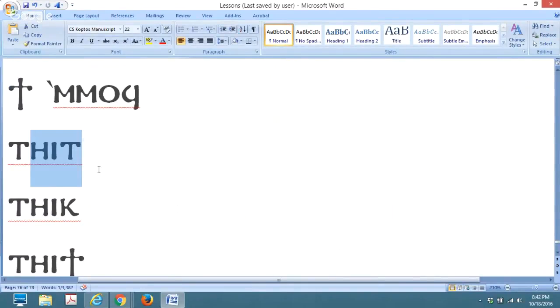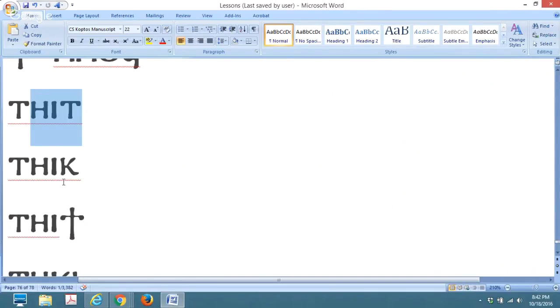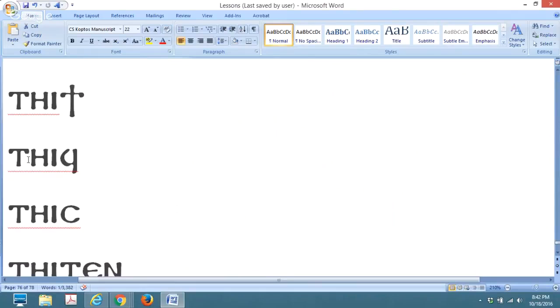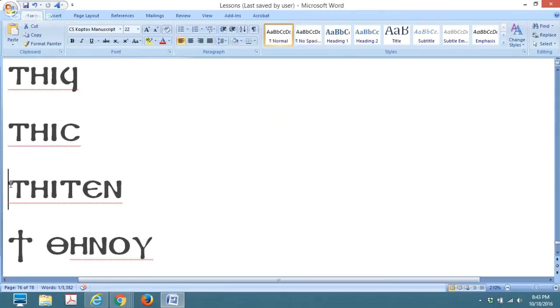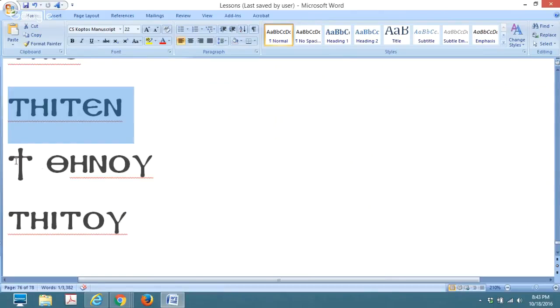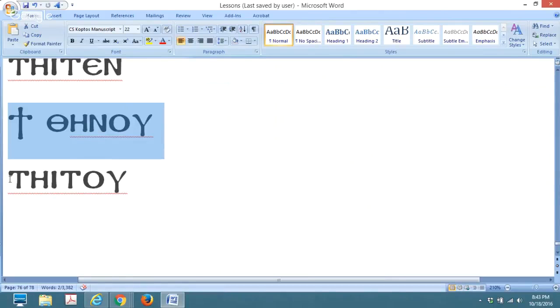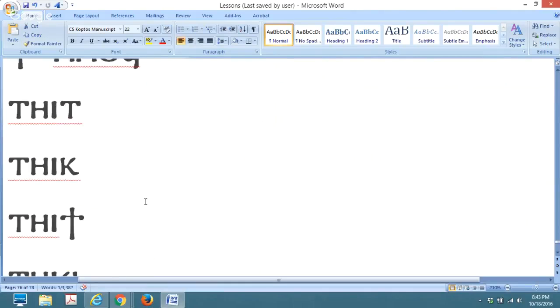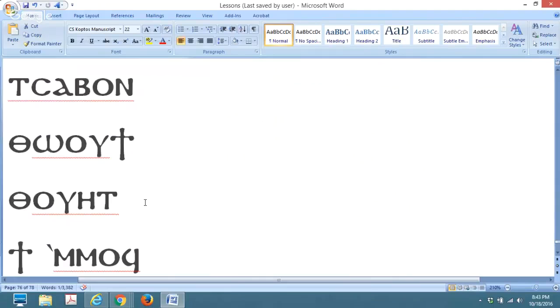So if we're going to go through the standard conjugations, it would be teeth, teeth, teeth. You never see those forms anyway, by the way. You're going to see teeth, of teeth, of teeth. You'll see teethen. You don't really see teeth, but you can, and you're going to see tito. Okay, so we just went through all of those.